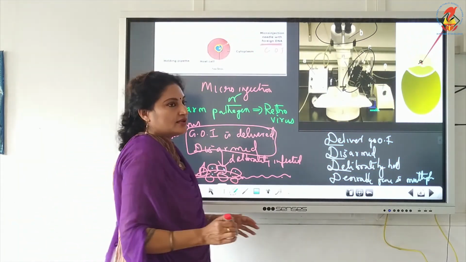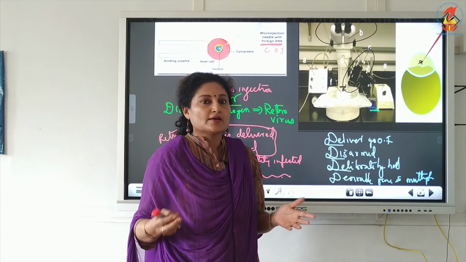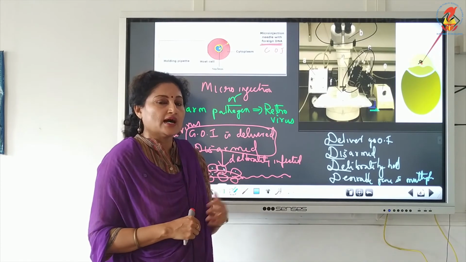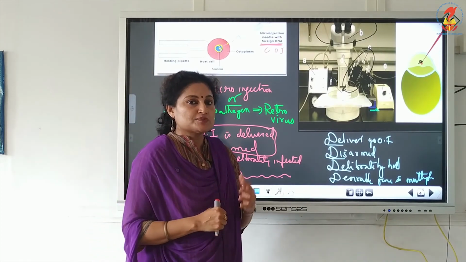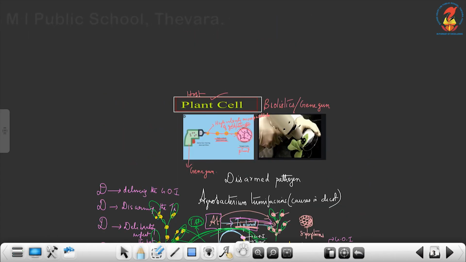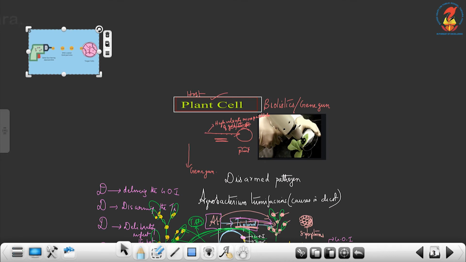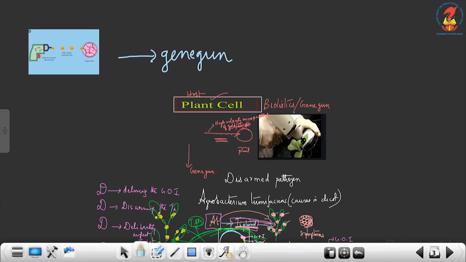So in a nutshell, other than E. coli, if the host is plants or animals, there are different techniques to incorporate the rDNA or the gene of interest. If plants are the host, there are two options. One option is the gene gun, and the second option is disarming the Agrobacterium tumefaciens.